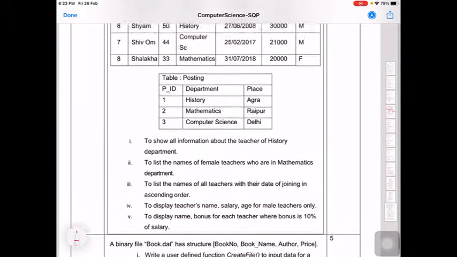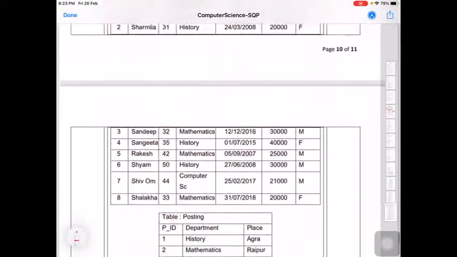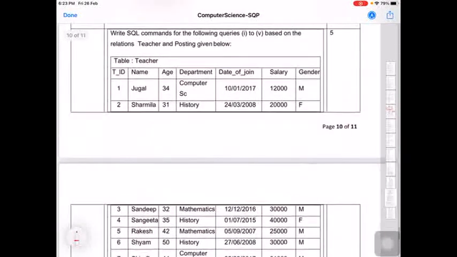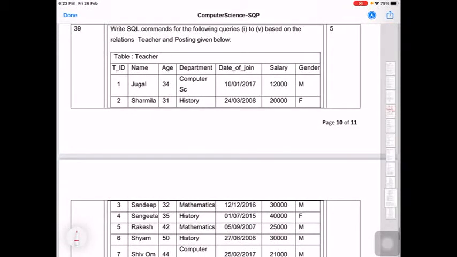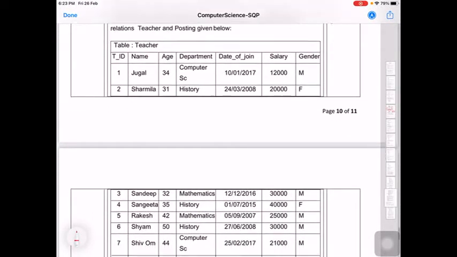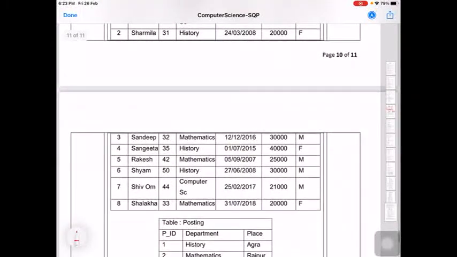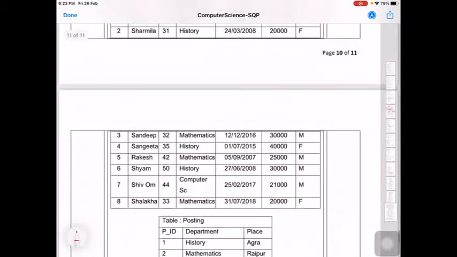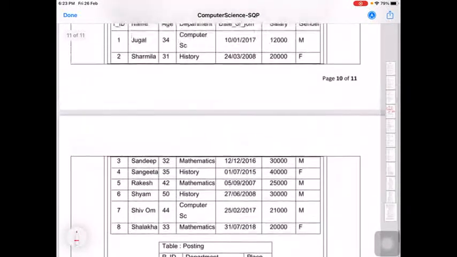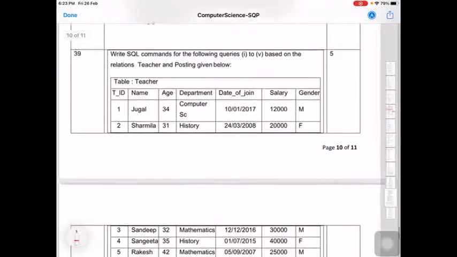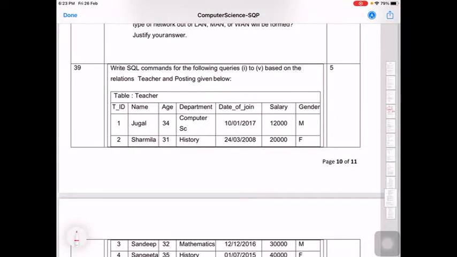But here you have been given these tables. As you are given two tables, it is clear that there will be a query on joins. That we will be discussing. But first thing first is to note the name of the table and the name of the columns.